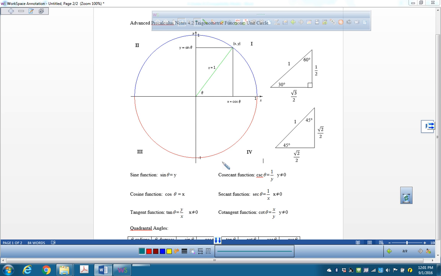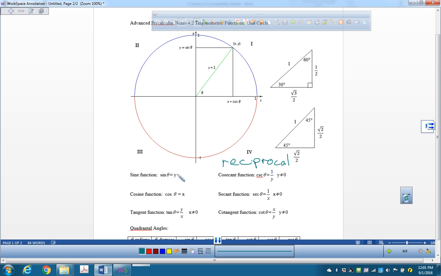These ones over here are called the reciprocal functions, okay? What's a reciprocal? Not the opposite, it's the one you get when you flip, okay? So the reciprocal of sine, even though it doesn't seem like it should be, is cosecant. You would think that the reciprocal of sine is cosine, but it's not.